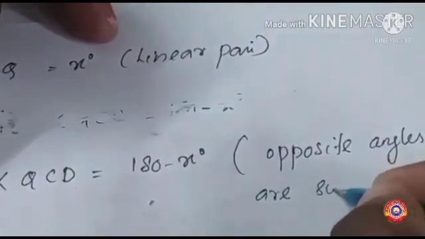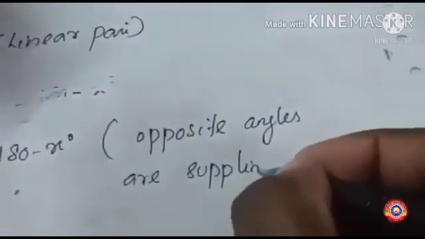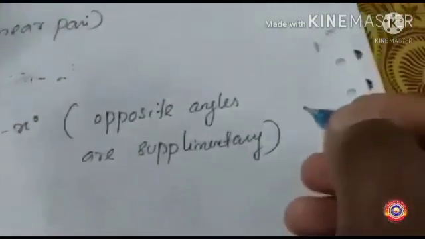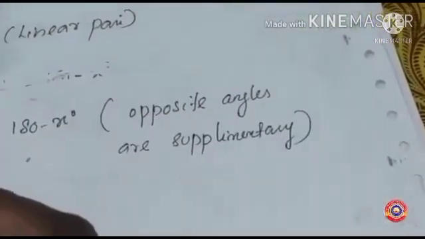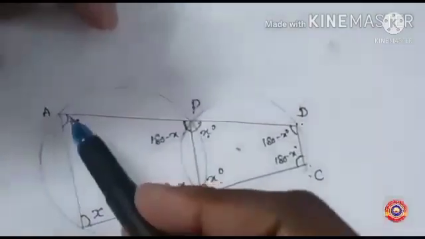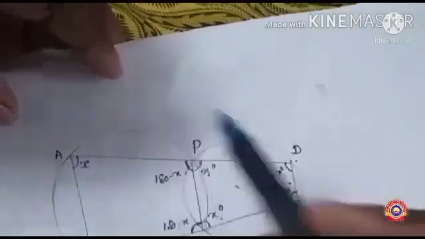Next, if angle DPQ equals x degrees, then angle QCD equals 180 minus x degrees. They are the opposite angles of the cyclic quadrilateral.